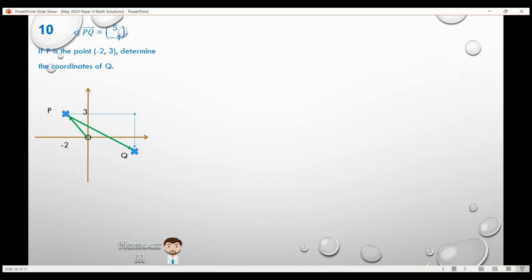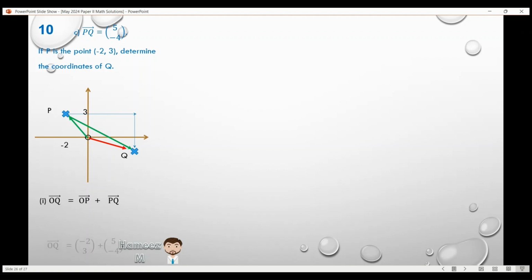So we know the vector OP, and we know the vector PQ. So the vector OQ, we can have that represented in red. And this is what our question is asking us. OQ, how do we find that? By going from O to P and then from P to Q. Do we know OP?